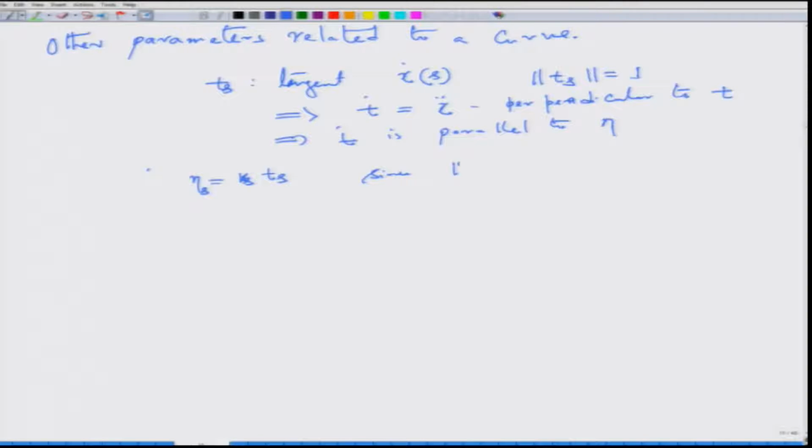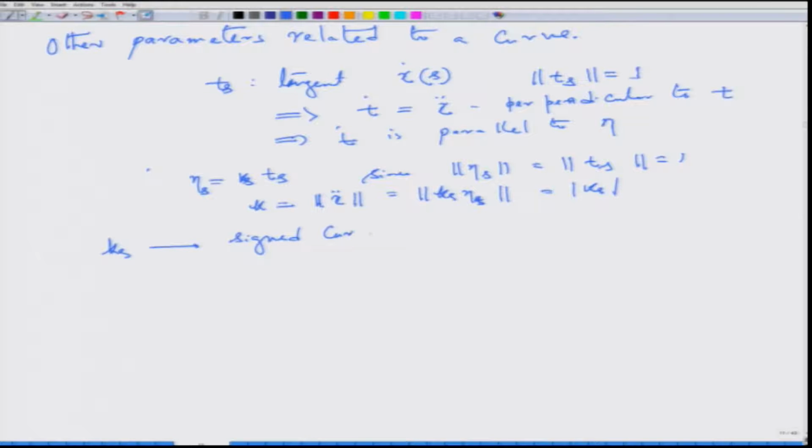Since I have k, which I define as absolute curvature, so this quantity k s is called the signed curvature of gamma s.